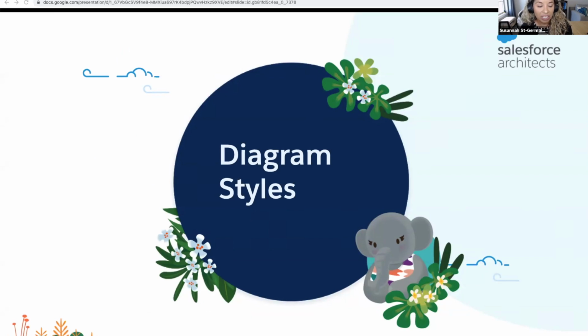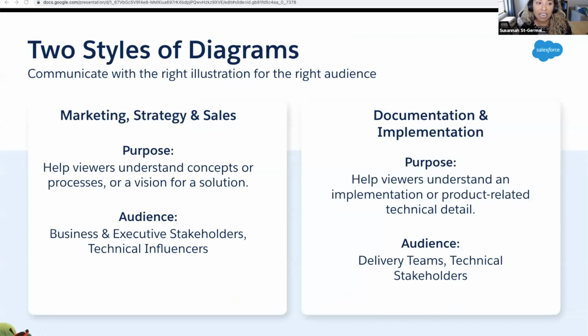And for that reason, there are two different diagram styles that we are advocating that help to tell two different types of stories, whether you're talking to a marketing, sales, and strategy audience, or you're doing documentation and implementation.